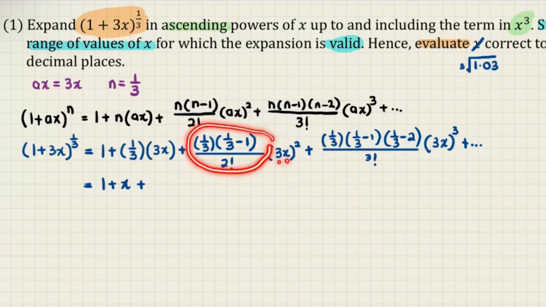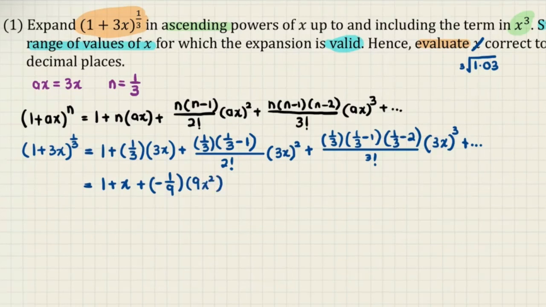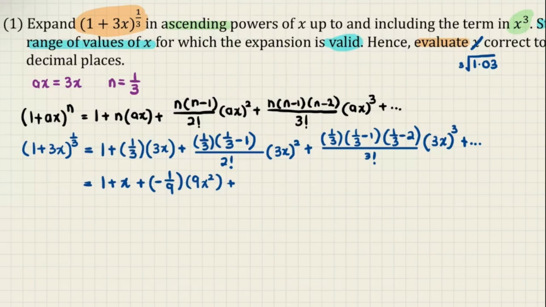So saya baru masukkan yang fraction ini saja. So I get negative 1 over 9. So this one 3x yang diskuarkan dia adalah 9x squared. Okay. Plus. Okay, now masukkan ini pula dalam calculator. So this time I get 5 over 81.